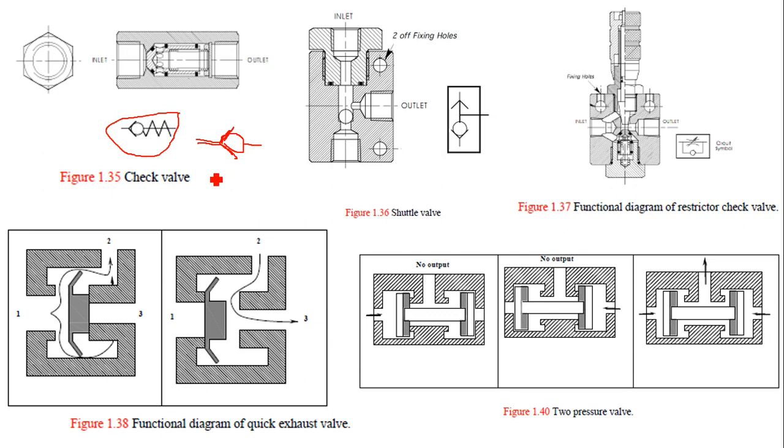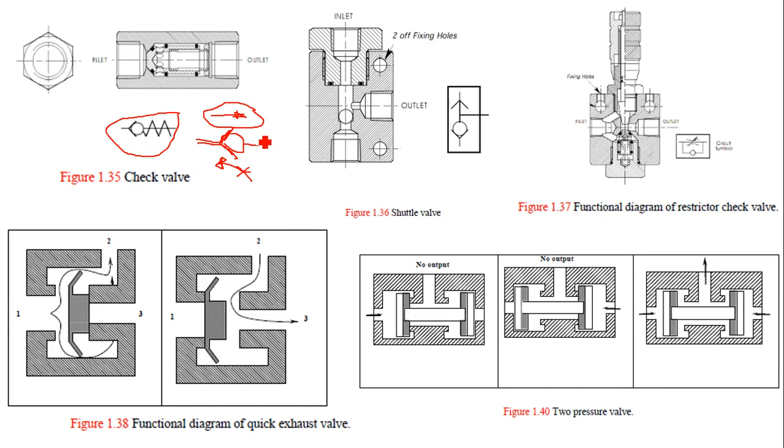Now if the air comes from the other side, what will happen? This ball will be lifted and the air will pass. So this direction is nothing but the direction of flow, and it will not allow flow in this direction. Okay, so only one direction.